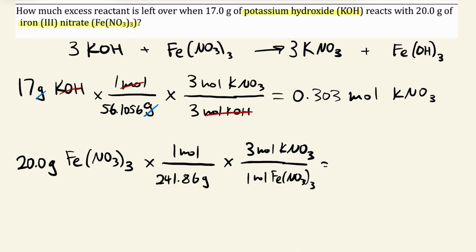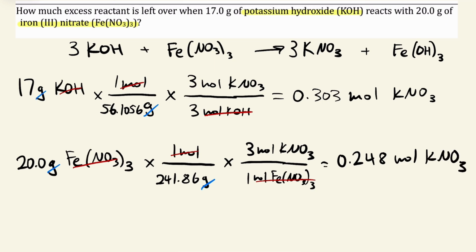Now double check again if your units cancel out. So your units of grams cancel out here, and the units of moles of Fe(NO3)3 cancel out there. So use your calculator to compute, and you will get 0.248 moles of KNO3.